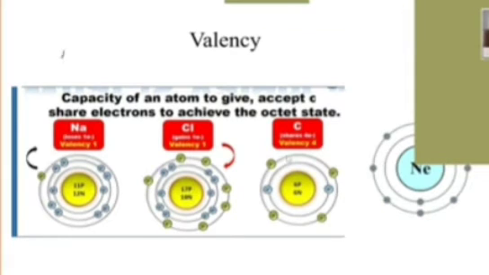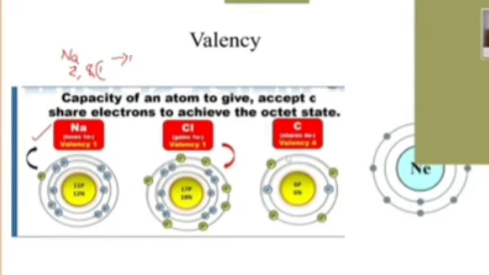First, an atom can donate an electron. Second, an atom can accept an electron. Third, an atom can share an electron. For what reason does an atom donate, accept and share an electron? To attain stability. Look at this picture.